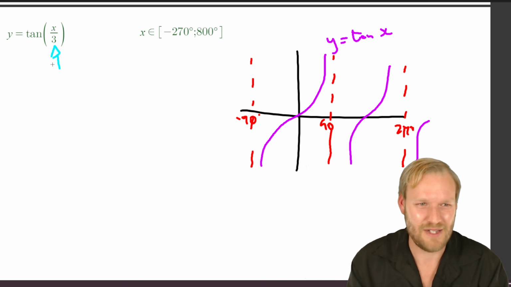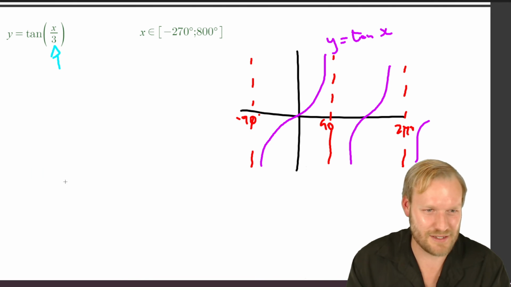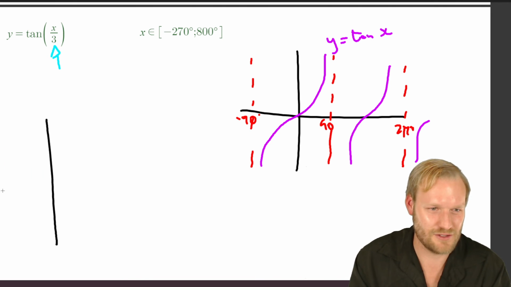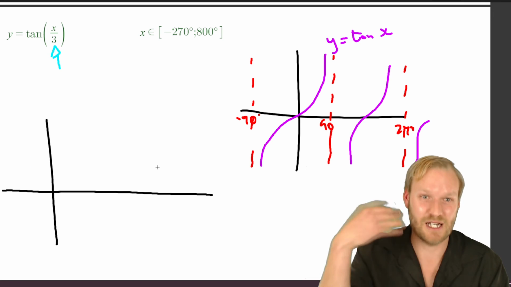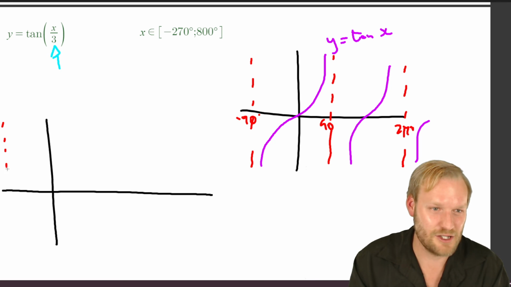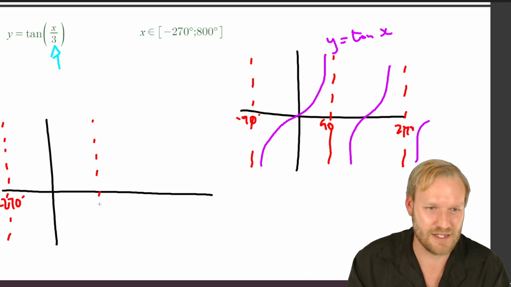Now, everything's happening 3 times as slowly. So let's draw our graph over here. Our asymptotes now are going to happen 3 times as slowly. So there's going to be an asymptote now at minus 270. Instead of being at 90, it's going to be at 270.